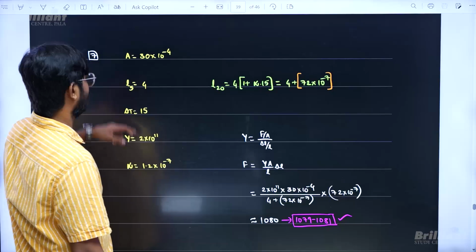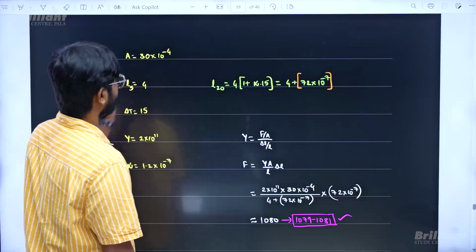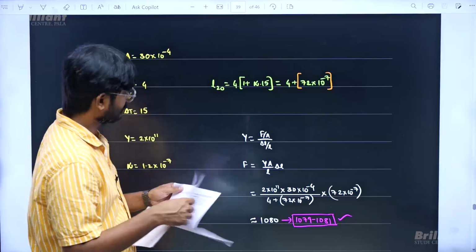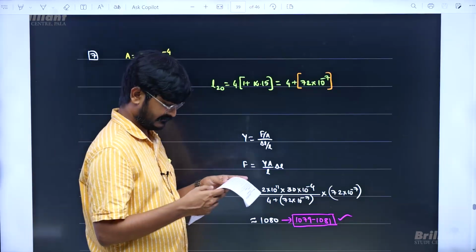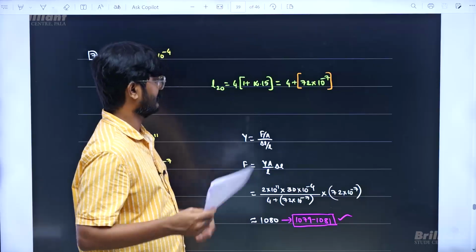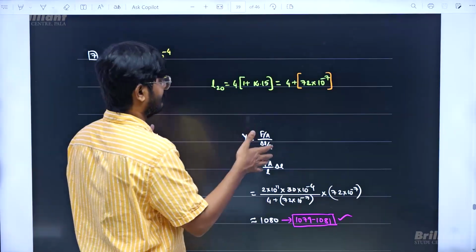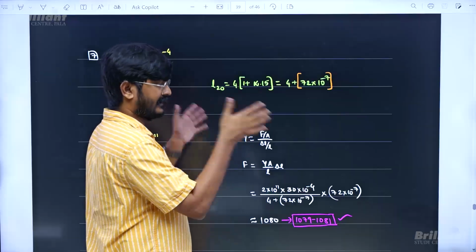We have the area, the length at 5 degrees Celsius, the change in temperature, Young's modulus and alpha. So when you heat it by 15 degrees more, its length is going to become this much if it is freely expanding. But when you look at it now, its length will be 4 only, because its earlier length was 4.